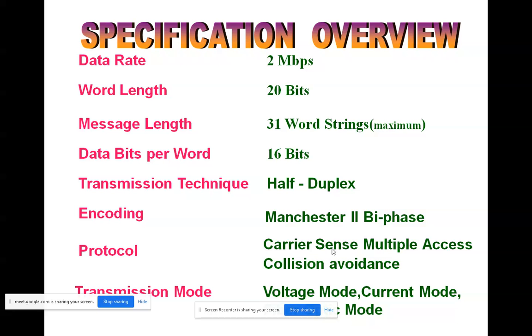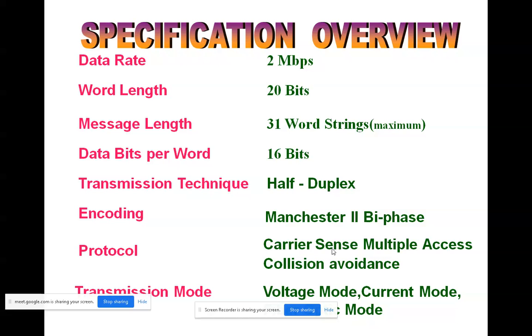Half duplex, now what is half duplex? Simplex is one way communication.